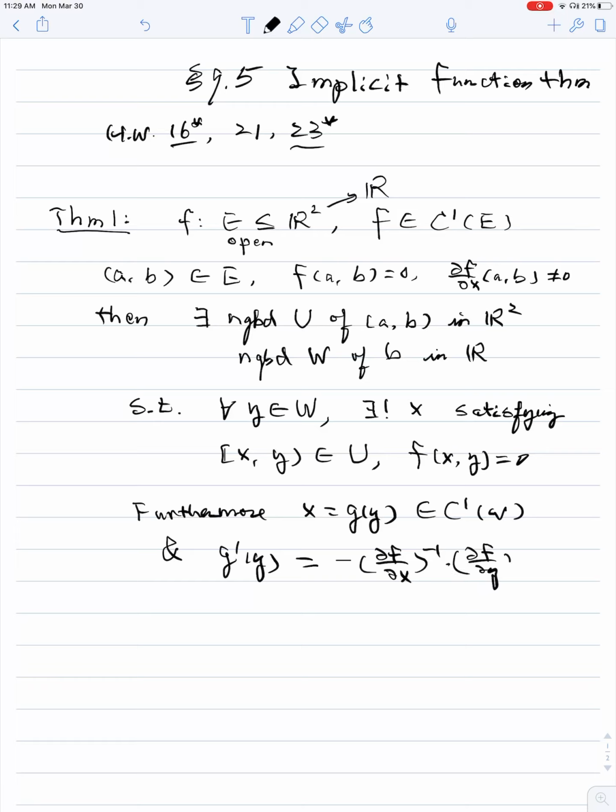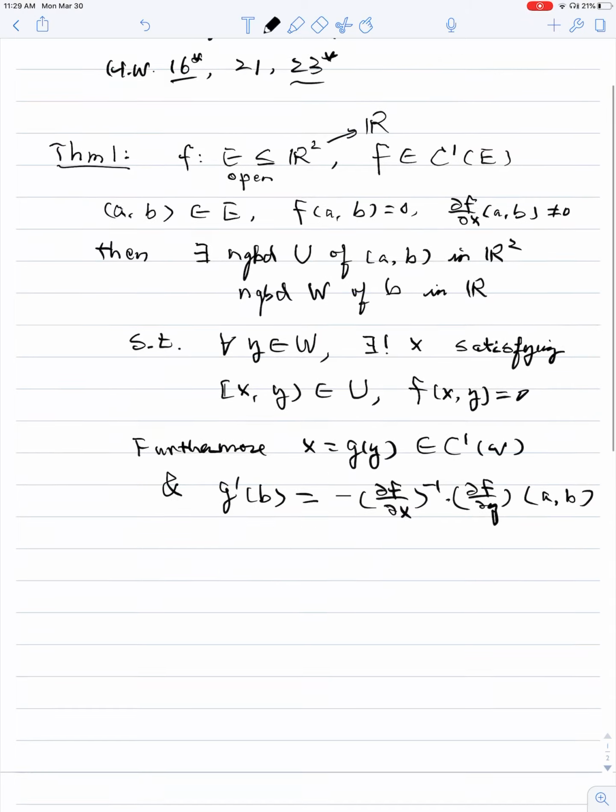We would only emphasize that this is evaluated at b. This is evaluated at a and b. So this is the theorem.